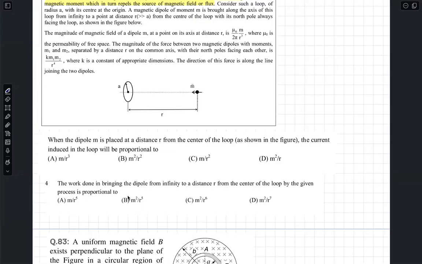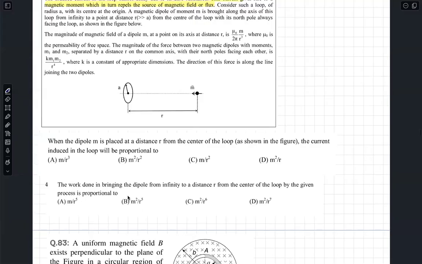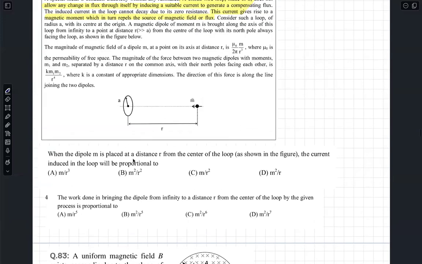Right, we'll go with this. What is the difference between these two questions? When the dipole is placed at a distance r from the center of the loop, shown, the current induced in the loop will be proportional to what, the dipole moment.